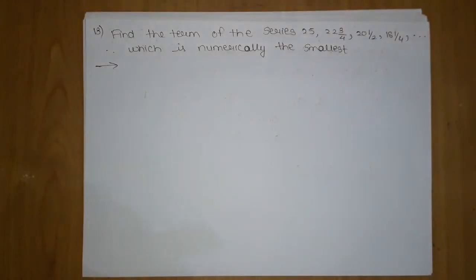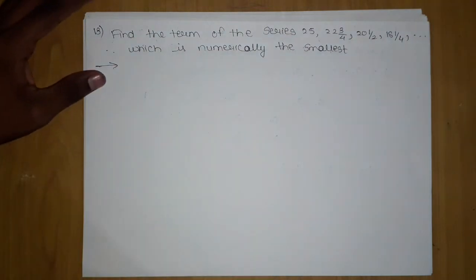Now let's move on to question number 13. Question number 13 is as follows: find the sum of the terms of the sequence which is numerically the smallest. Now just see this thing.